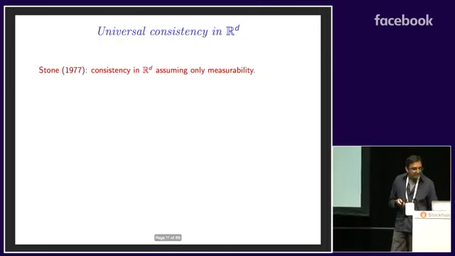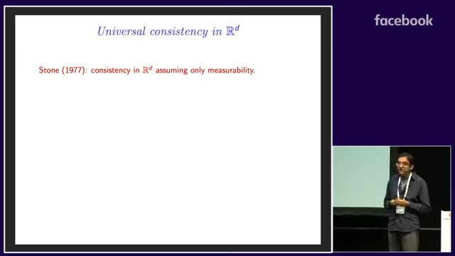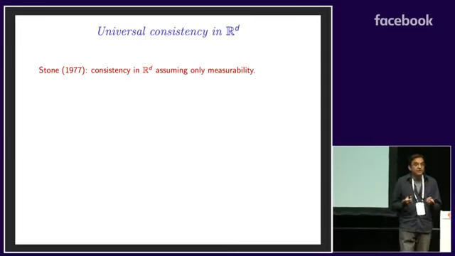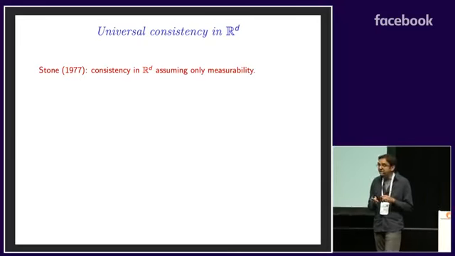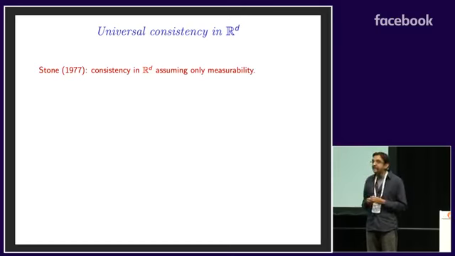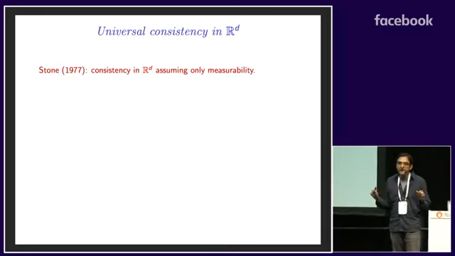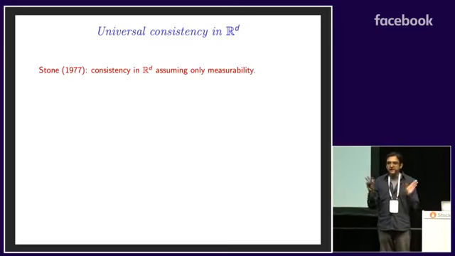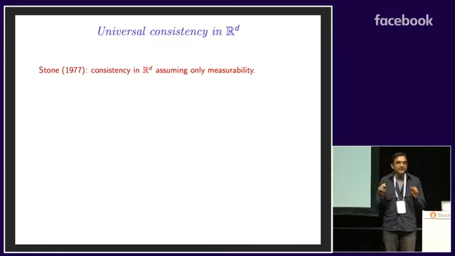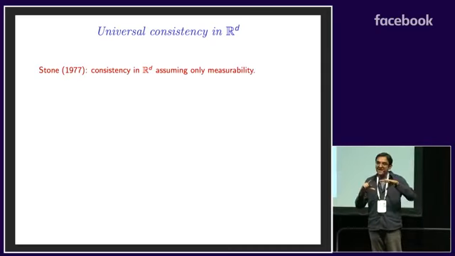So it was a huge result in the 70s when Stone showed that k nearest neighbor, where k grows with n, is consistent without any assumptions at all. I'm not going to go through the result. It's actually not complicated. But what I will do is go through the one central mathematical fact.